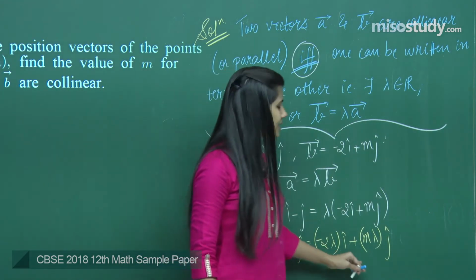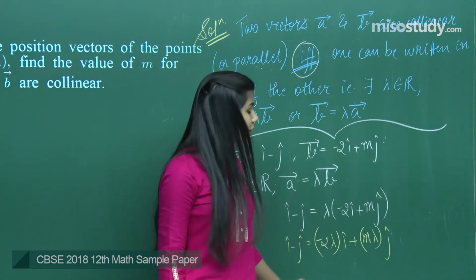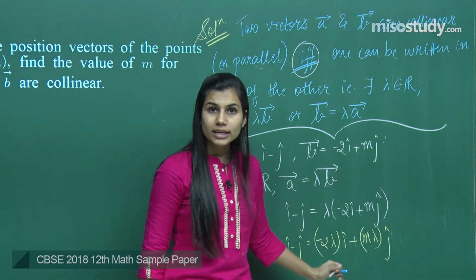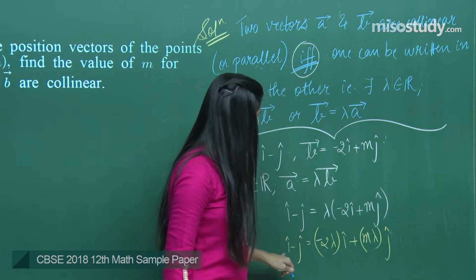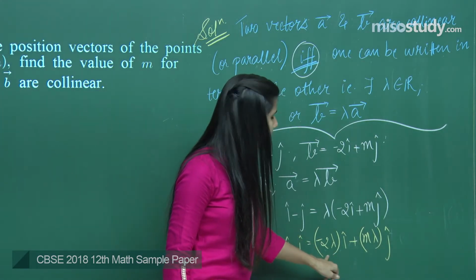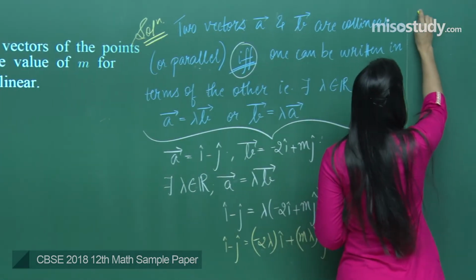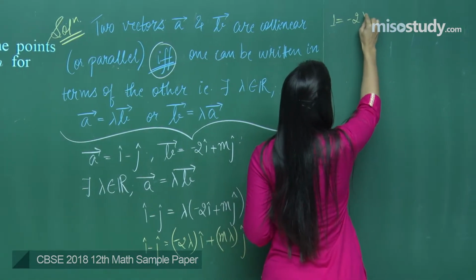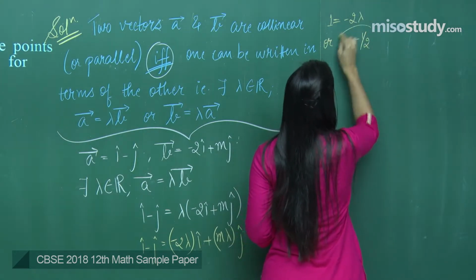When are two vectors equal? Here they are two vectors, they are given to be equal. Two vectors are equal only and only when their respective components are same. So over here the component with respect to i cap is 1, and over here the component with respect to i cap is -2 lambda. So I have 1 is equal to -2 lambda, or lambda is equal to -1/2.